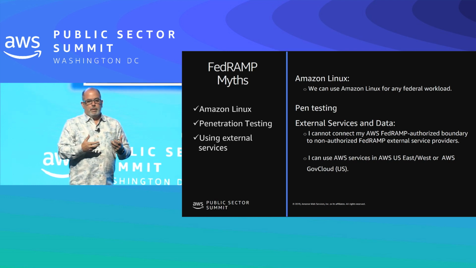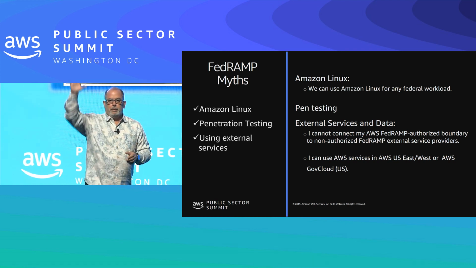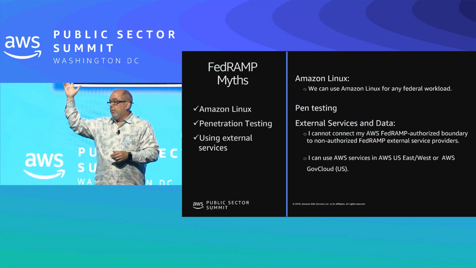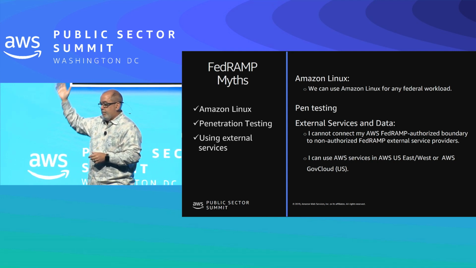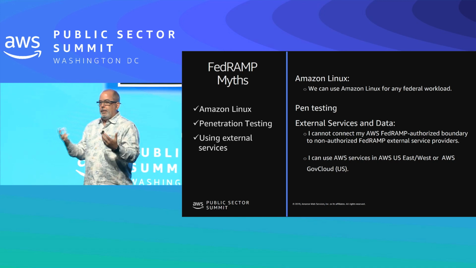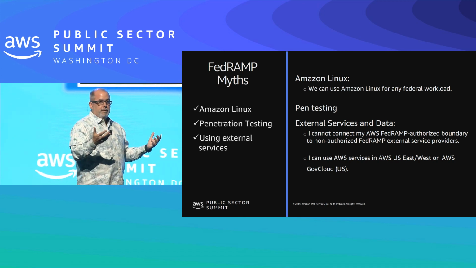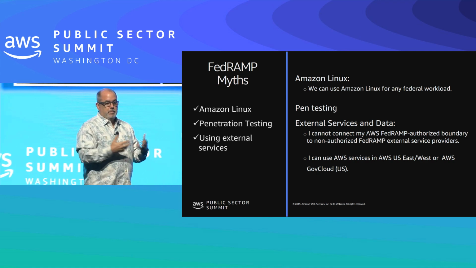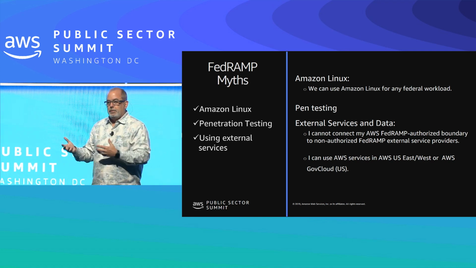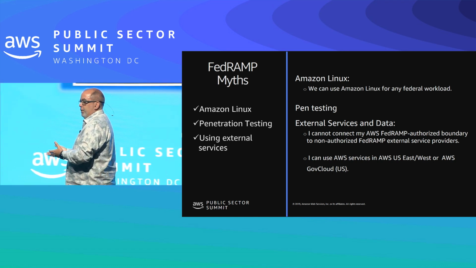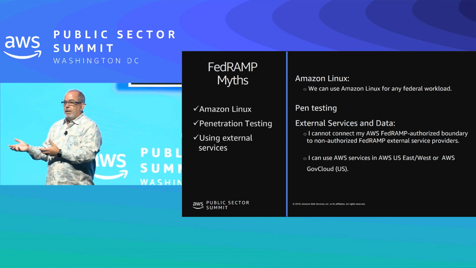Another of the myths that we run into: how many people are using AWS right now and building workloads in AWS? How many people use Amazon Linux? Amazon Linux is a great version of an operating system in Amazon, but it wasn't built specifically for the federal government or CJIS or those types of workloads, because you can't implement FIPS 140 validated encryptors.